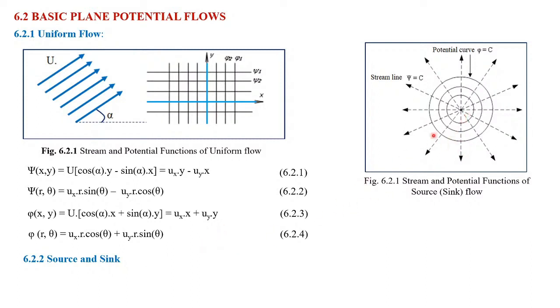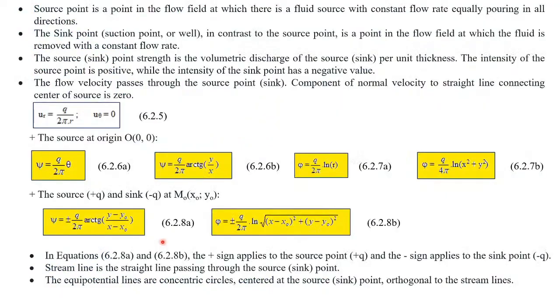We assume the source or sink at origin O. You can know that a source point is a point in the flow field at which there is a fluid source with constant flow rate equally pouring in all directions.